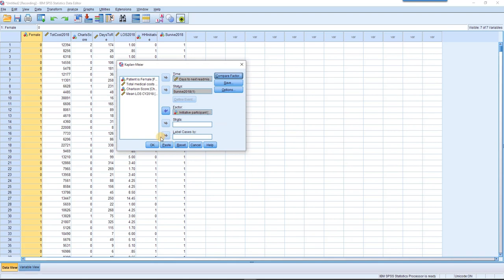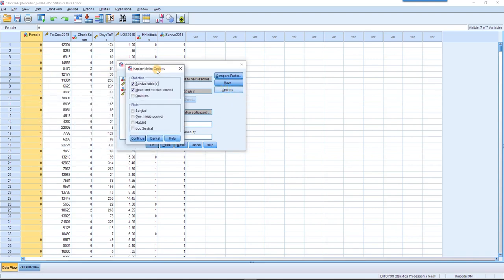Lastly, the two pieces of information that are most important for our output from this survivability analysis are found in the options menu. So in the options menu, you're going to want the survival table, which is going to be a giant table, but it is something interesting to look at.